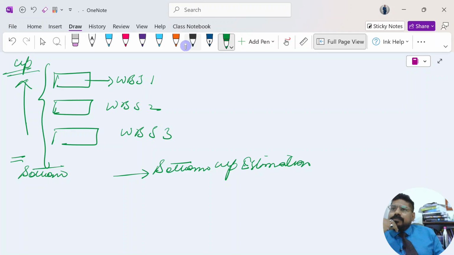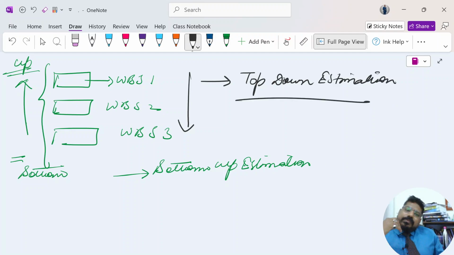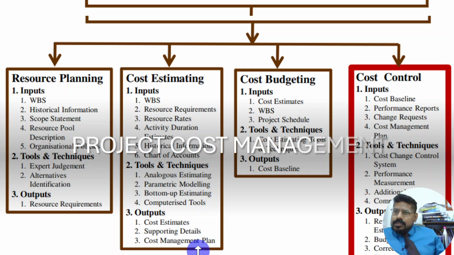If you are doing it from top to down, this is known as top down estimation. Okay, what we were discussing, yeah.